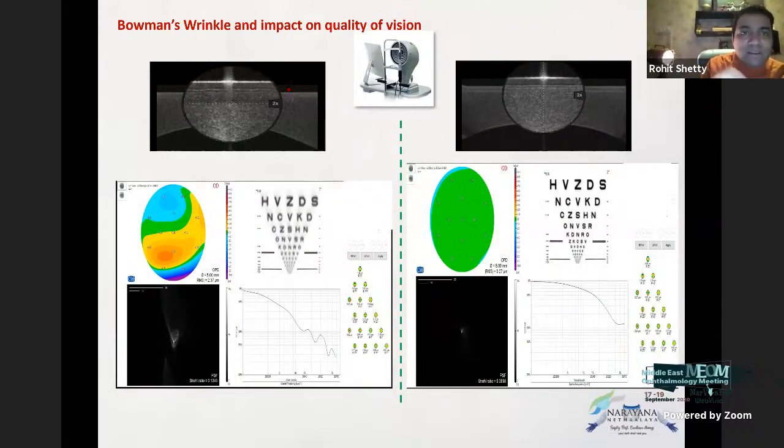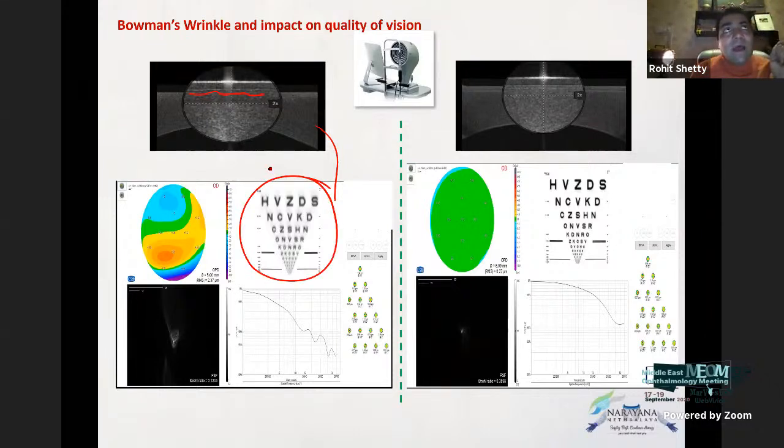For example, these wrinkles actually change your quality of vision. So that's the reason understanding the Bowman's both pre and post refractive surgery is very important because this is one of those layers which I call the phantoms of your vision because you can't really see it, so you completely miss it.